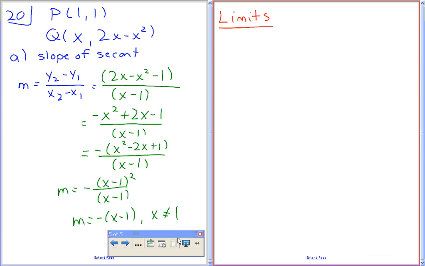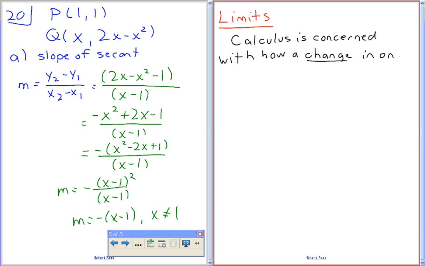Okay, calculus is concerned with how a change in one quantity is related to a change in another.